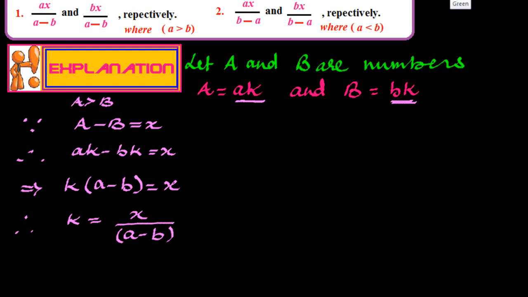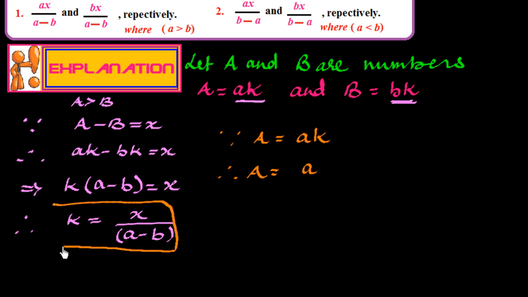Now I explain how we get the value of a and the value of b through this ratio a and b. Because we know that a is equal to ak, and we have the value of k, instead of k we write x over a minus b.